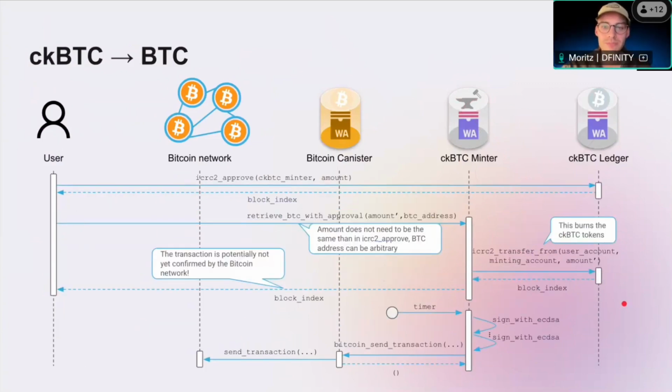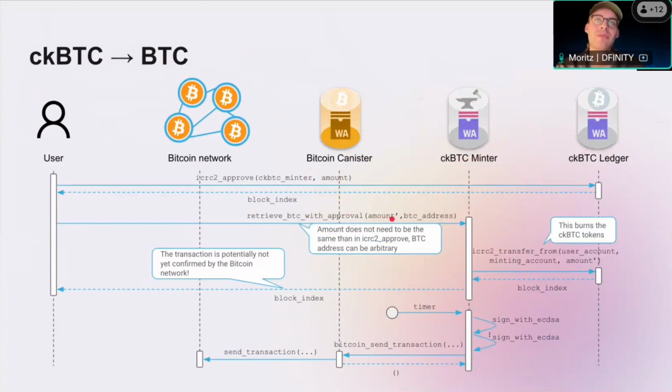And the other way around, the flow is based on the ICRC-2 standard, which is basically an approve-transfer-from flow. So the first step is that we have to approve the ckBTC minter on the ckBTC ledger to transfer X amount of ckBTC tokens on our behalf. If this is done, we then call the ckBTC minter on the retrieve BTC with approval endpoint.